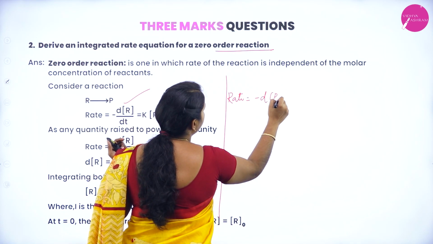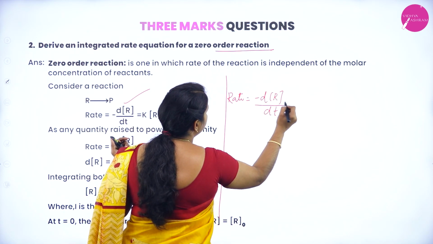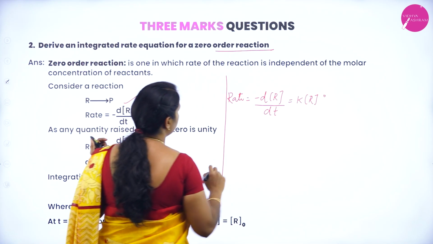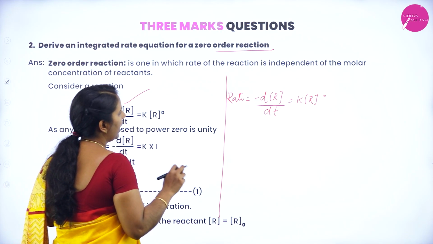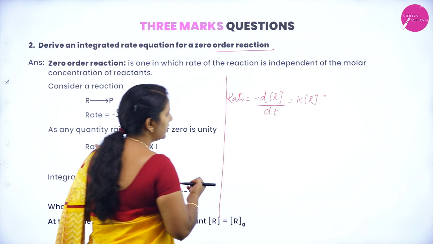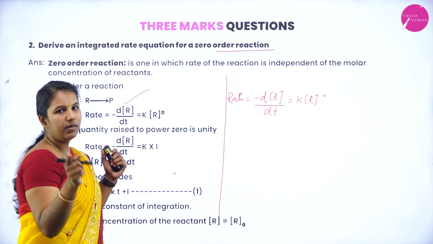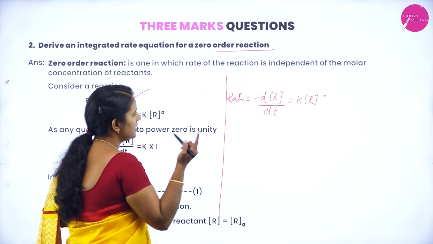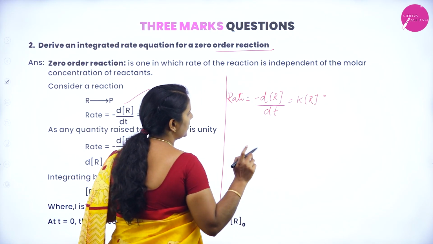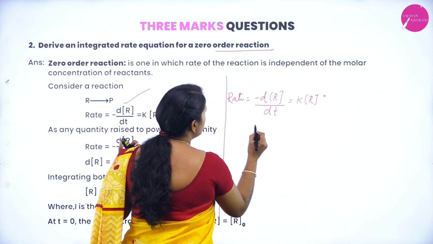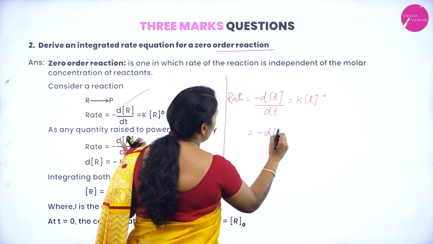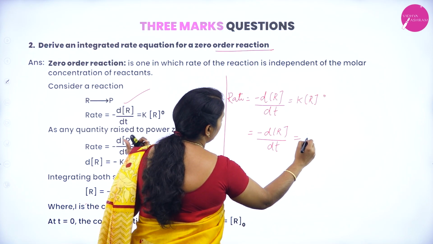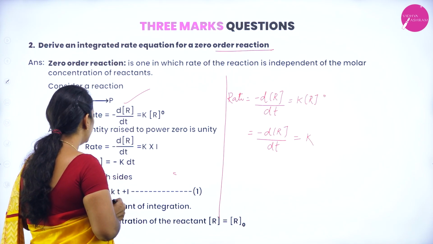Minus d[R] divided by dt is equal to k into the concentration of R to the power 0. Why is it 0? Because it is zero order, so the concentration of the reactant raised to the power 0 is nothing but 1. So I can rearrange this equation as d[R] divided by dt is equal to k.